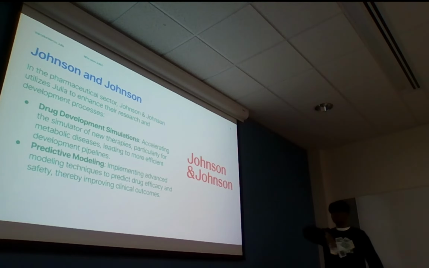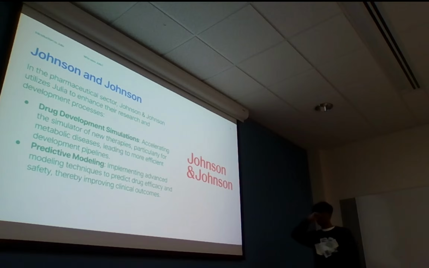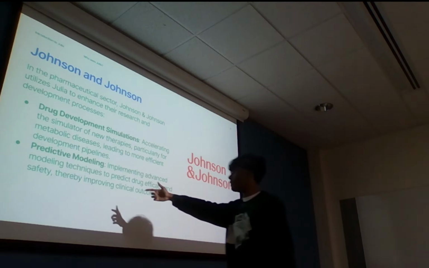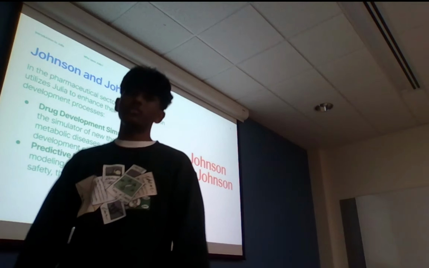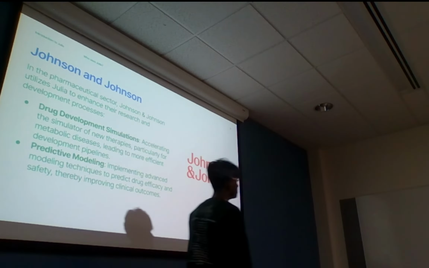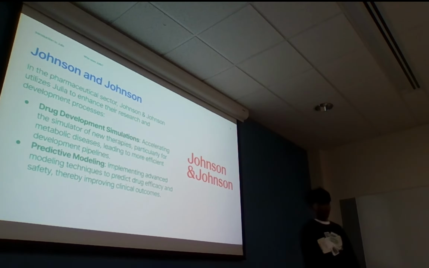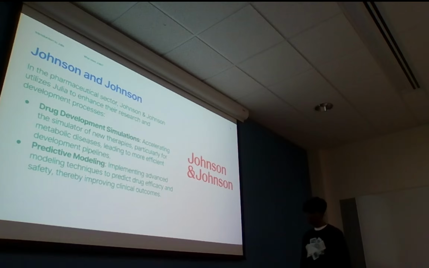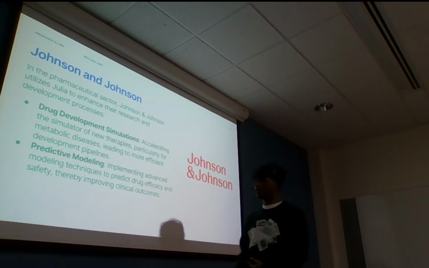So machine learning is also used in Johnson & Johnson. It's used to predict drug efficacy and safety. I think Pfizer also uses Julia. I don't know if they used it during the COVID-19 pandemic, but they currently use Julia definitely. And so it's becoming more and more popular.